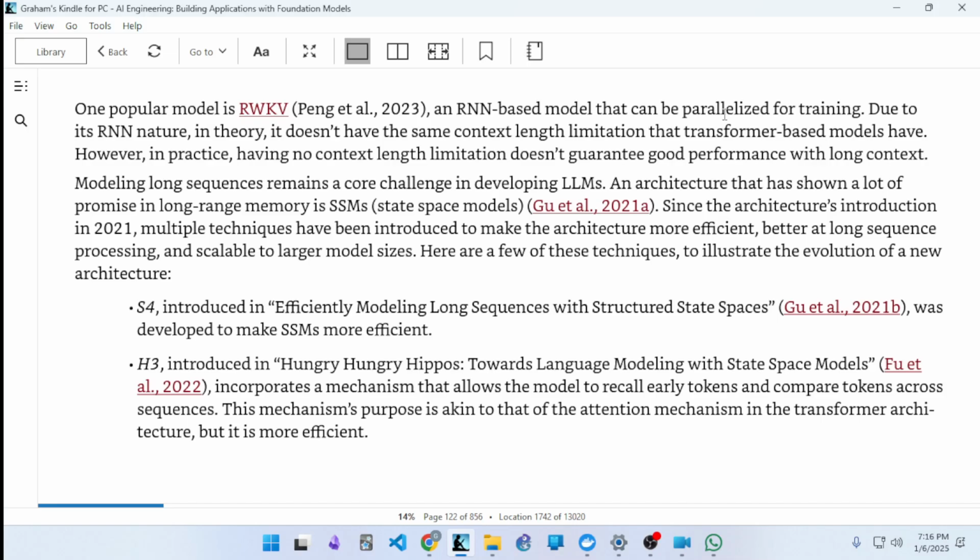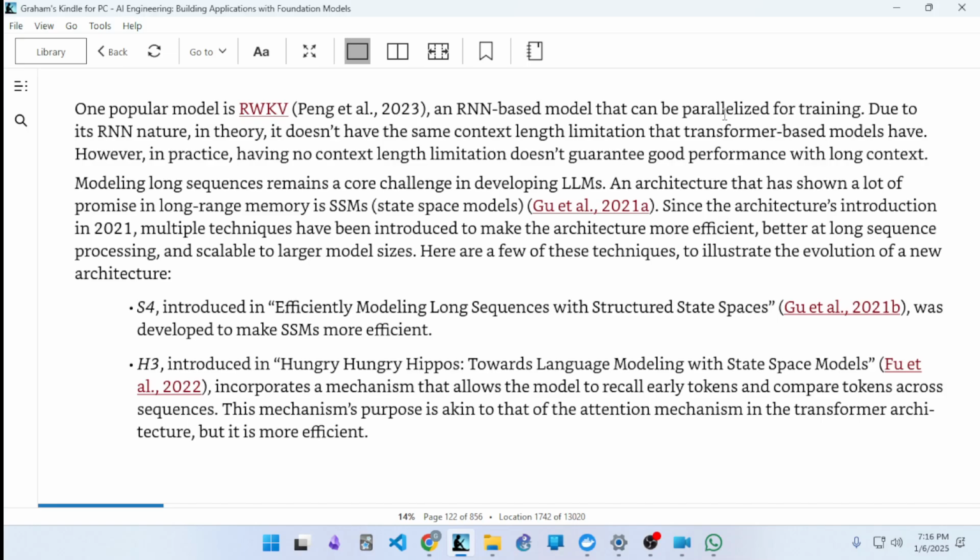Due to its recurrent neural network nature, in theory, it doesn't have the same context length limitation that transformer-based models have. However, in practice, having no context length limitation doesn't guarantee good performance with long context. Modeling long sequences remains a core challenge in developing LLMs.